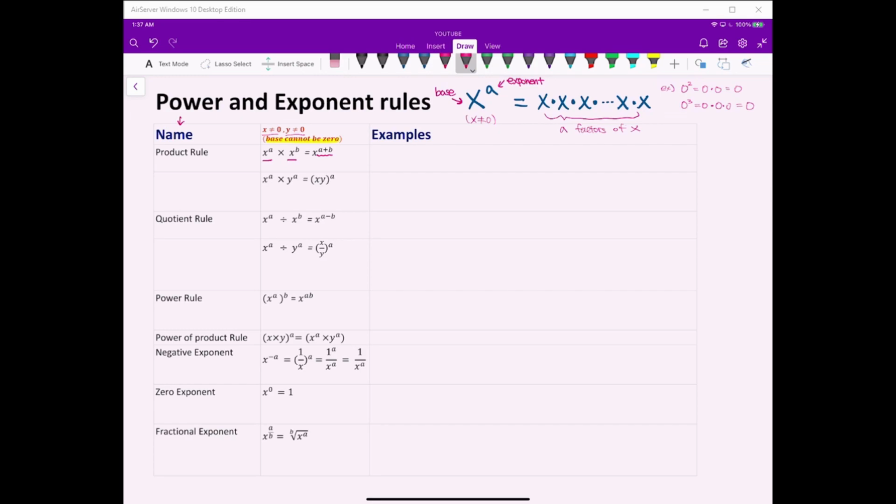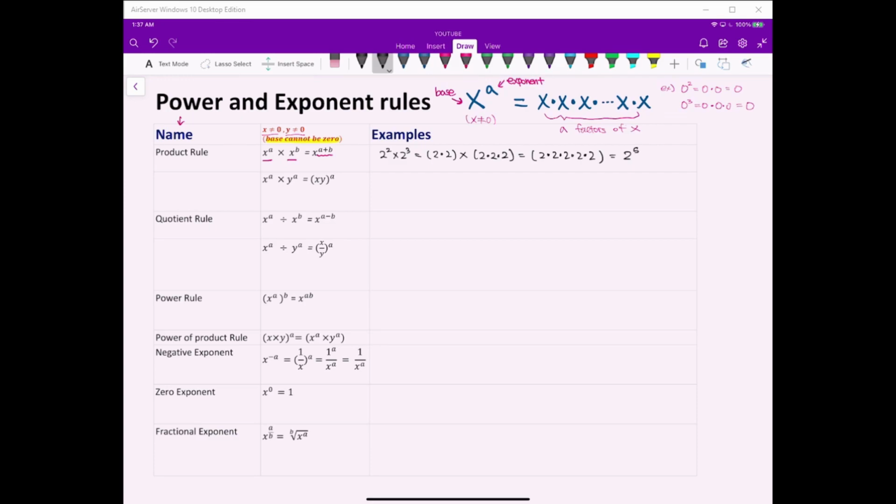For example, when we have 2 squared times 2 cubed, which equals 2 factors of 2 times 3 factors of 2, which is the same as 5 factors of 2, that is 2 to the 5th power.